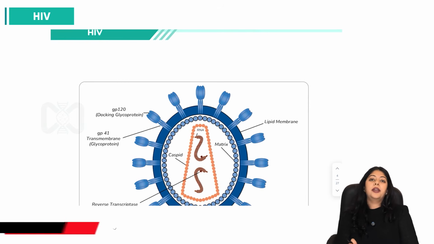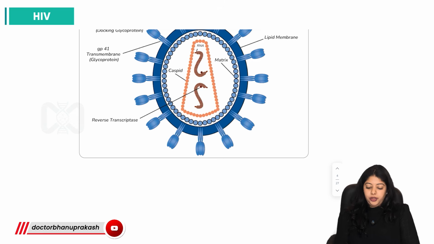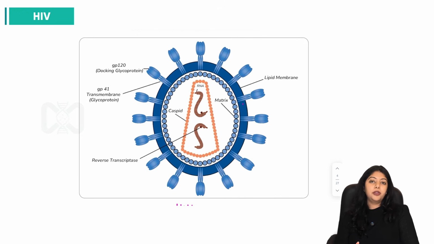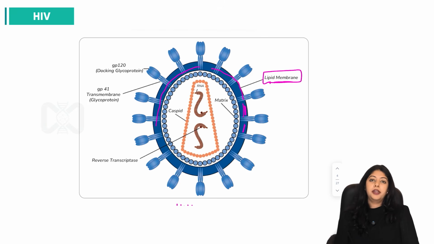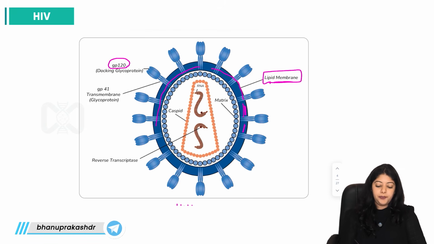Now let us look at the structures or the components with the help of a diagram. So this is the structure of an HIV virus. When we were talking about the envelope, it had two parts: one was lipid and the other was the glycoproteins. This whole structure is the lipid membrane, whereas the two proteins are glycoproteins GP120 and GP41.